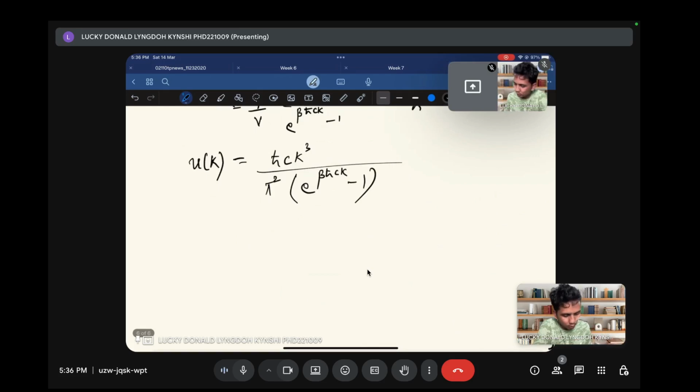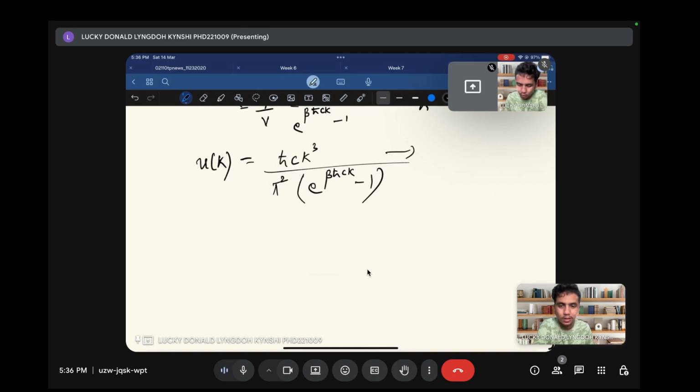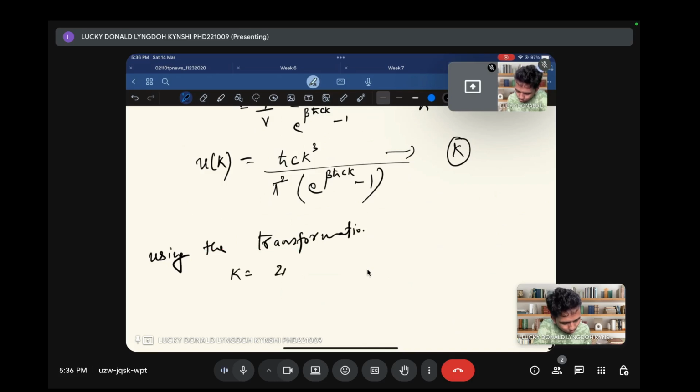So now the question is to find this in terms of your wavelength lambda. This is your energy density in terms of k. If you have to find it in terms of lambda, you can just use the transformation k equals 2 pi by lambda. You know this relation.